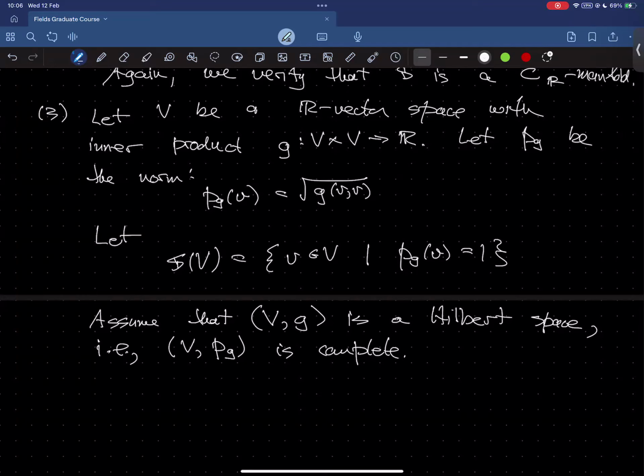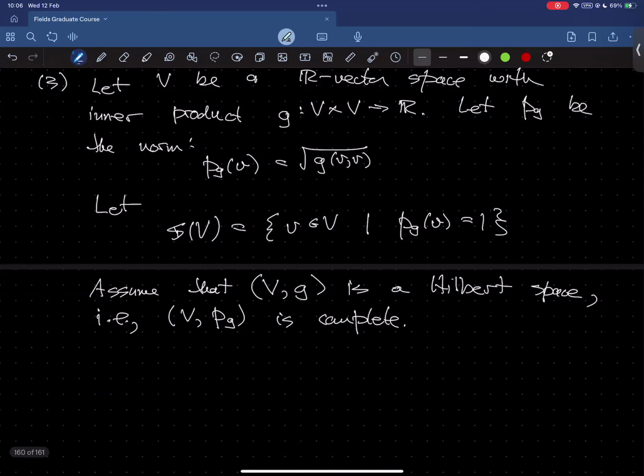So a Hilbert space is an inner product space whose corresponding norm space is complete. All right, so what we're going to do is make this into a manifold.